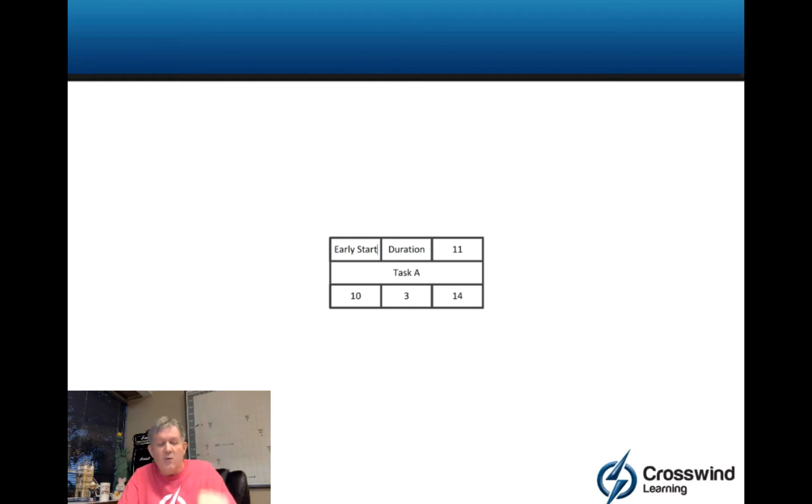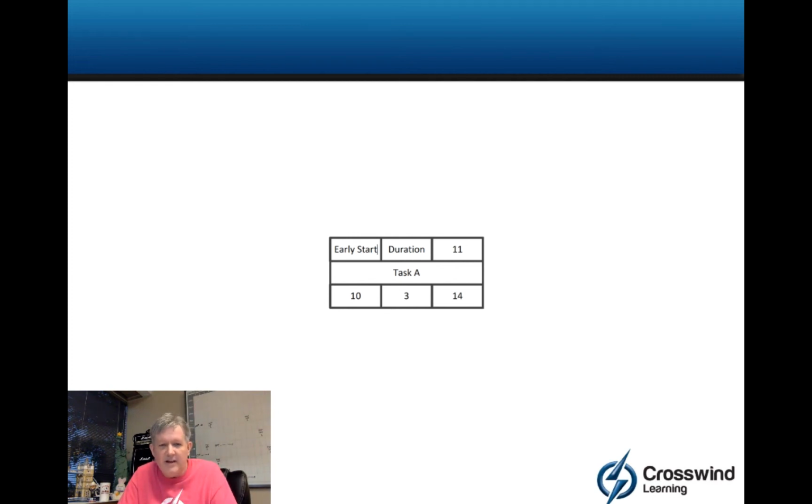They might be equal if it's on the critical path, but my early start, for example, would never be bigger than my late start. So I know on the right side I have a difference of 3. On the left side I should have a difference of 3. So in this case, 7 from 10 gets me 3. So I could say the early start is day 7. That's how I could get it vertically via subtraction, or kind of an inverted subtraction.